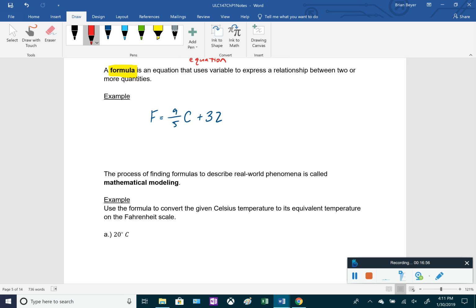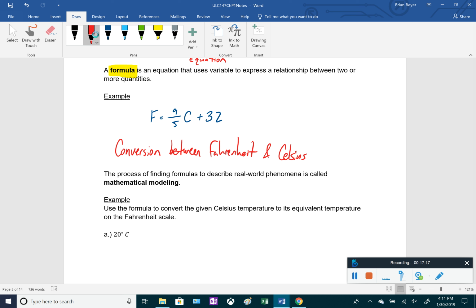Usually formulas are solved for one of the variables, so it's solved for f here. This is actually the conversion between degrees Fahrenheit and Celsius.